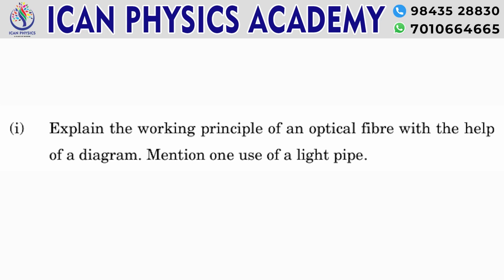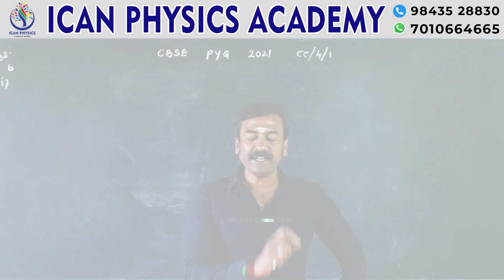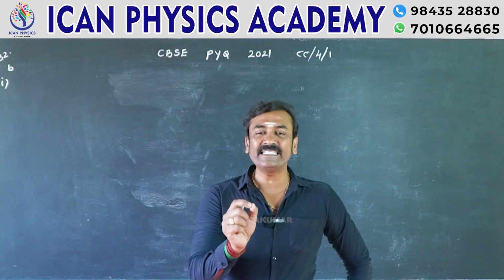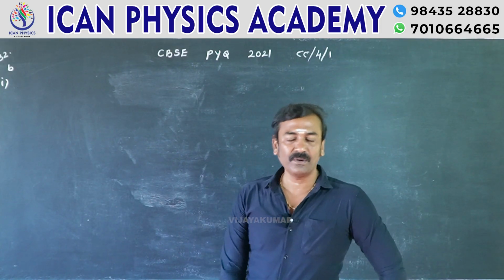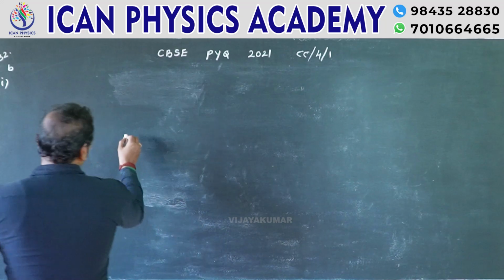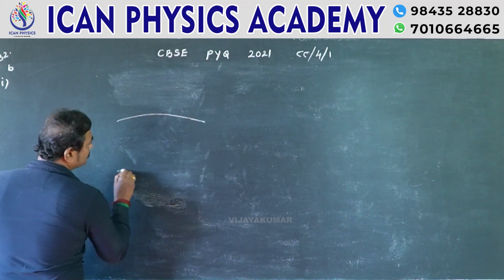The next question is 32B, question number 1. Explain the principle of an optical fiber with the help of a diagram. Mention one use of a light pipe. Optical fiber is based on the phenomena of total internal reflection. Okay. The optical fiber consists of 2 cores.